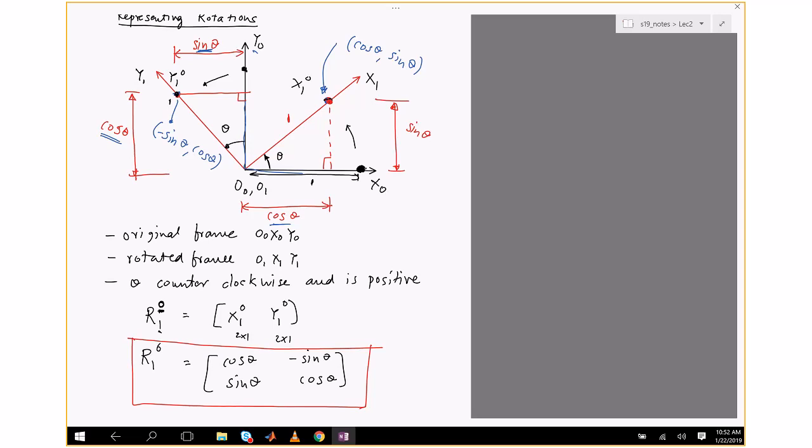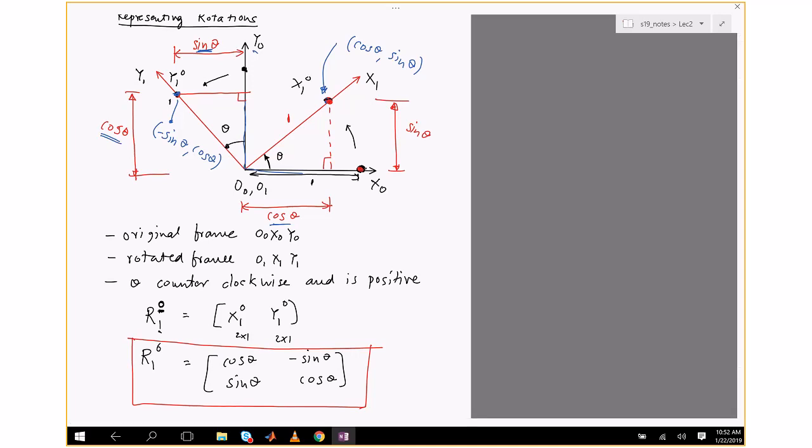Now, this is showing what happens when you turn x0, and how frame 1 is related to frame 0. You could have the reverse question, which is you rotated 1, but what are the coordinates of this point with respect to frame 1. So instead of saying R1 with respect to 0, the question is what is R0 with respect to 1.